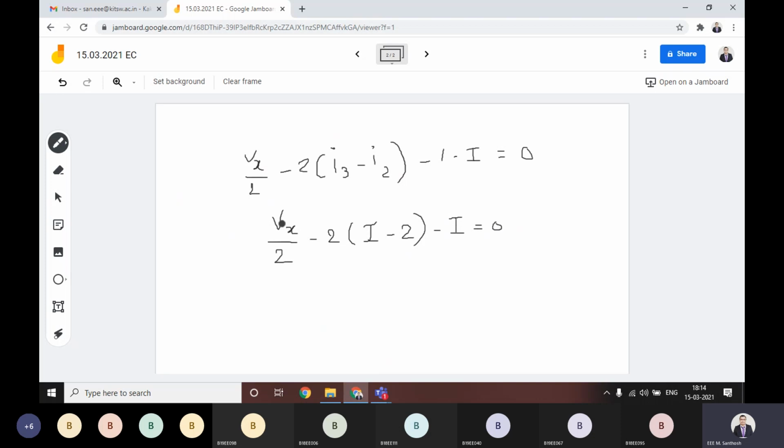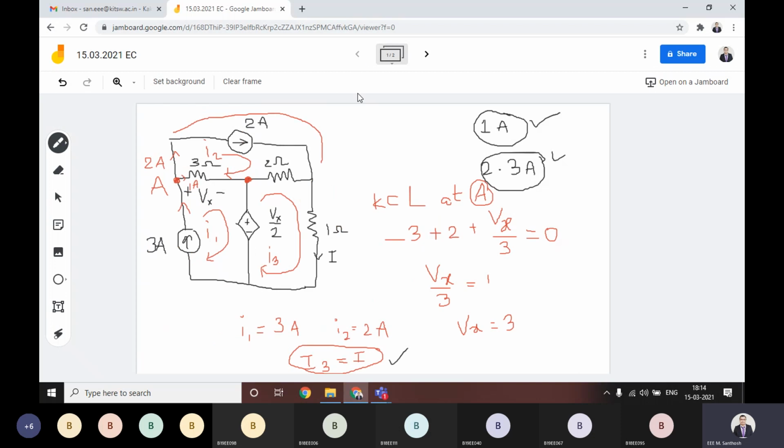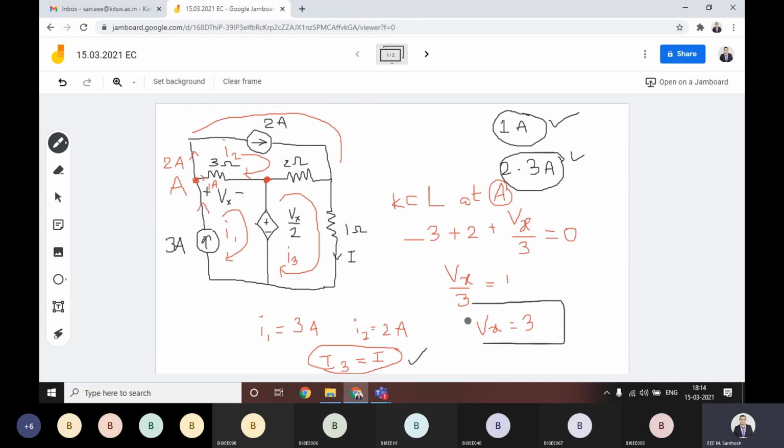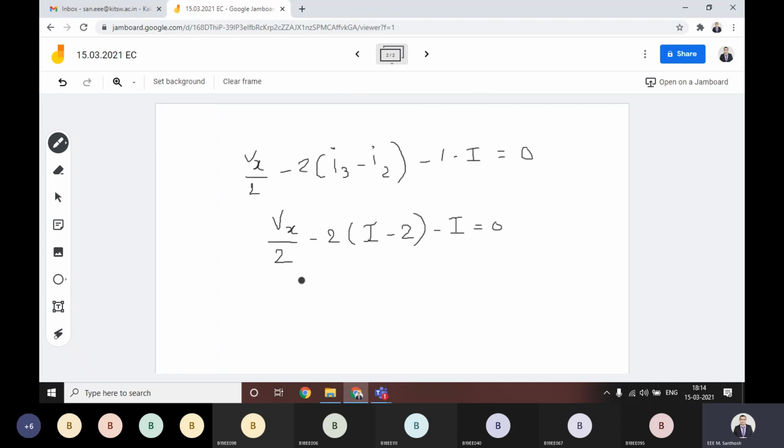If you solve this one, you know the Vx value also. Vx value is equal to 3 volts, right? That is 3 by 2 minus 2I plus 4 minus I equal to 0. From this you will get the value of I. How much are you getting?